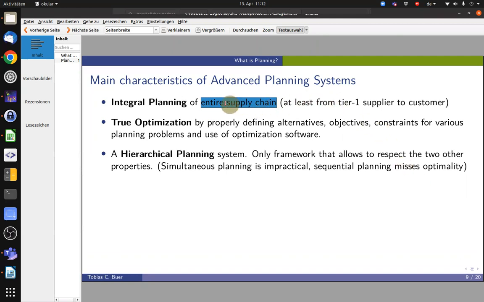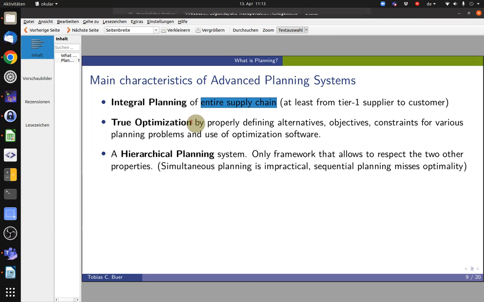And on the other hand, we want to use true optimization methods. That means we have a way of properly defining all our decision alternatives. We have actual criteria how to rate our objectives, how to measure our objectives. They are explicit.